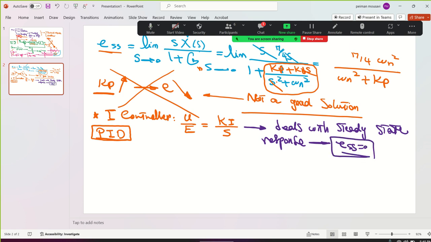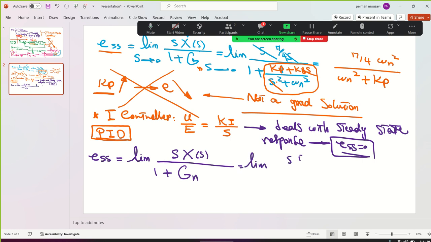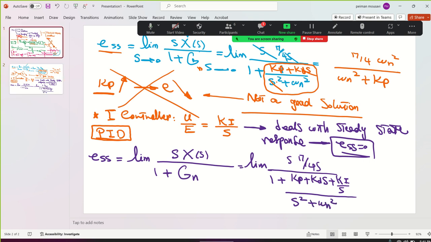Let me examine mathematically first. ESS, after adding the controller PID, now adding I, is going to be the same: 1 plus nu G. So your nu G is this: again, s pi over 4s divided by 1 plus Kp plus Kd s plus Ki over s, divided by s squared plus omega n squared.